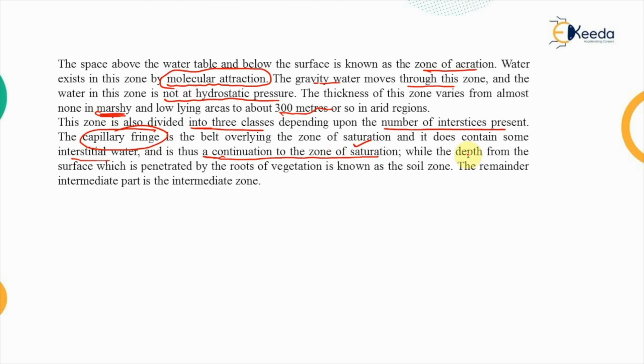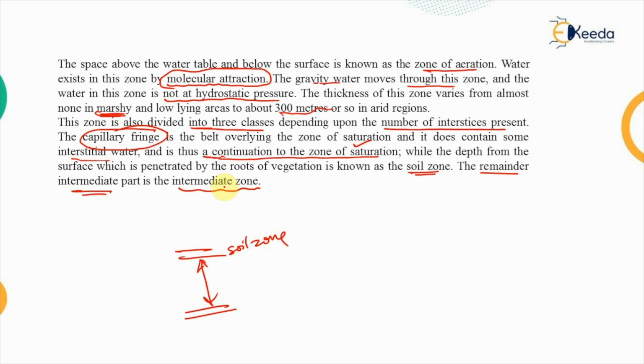Then the depth from the surface up to which the roots penetrate is known as the soil zone, and the remainder of the zone of aeration, or the area between the soil zone and the capillary zone, is known as the intermediate zone. That is the area between these two existing zones. And that is how we classify the availability of the groundwater.